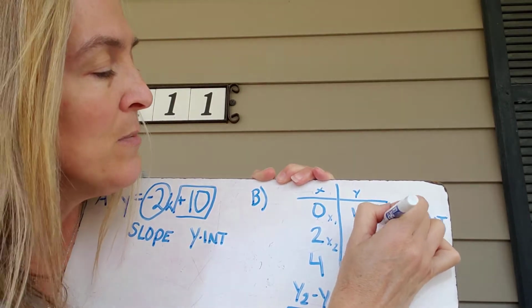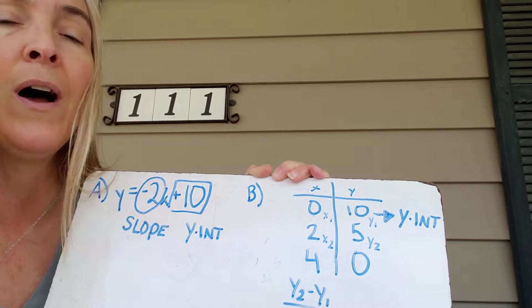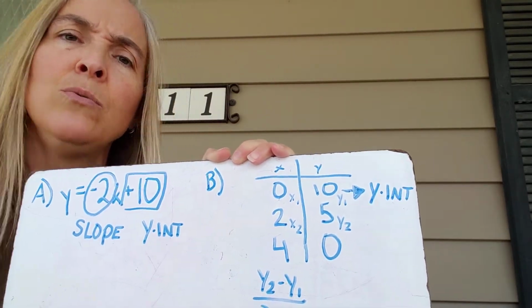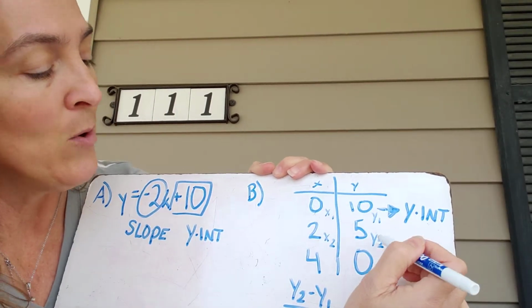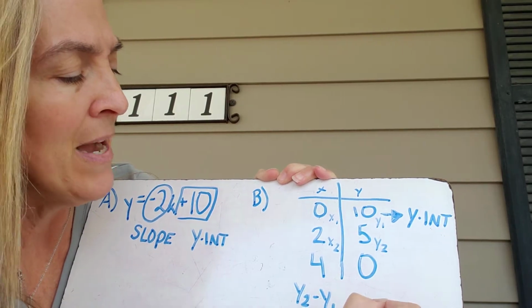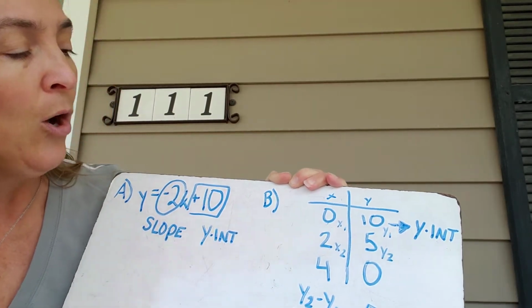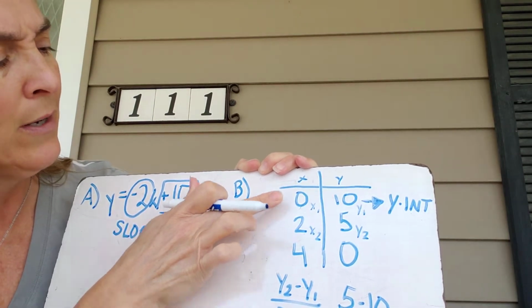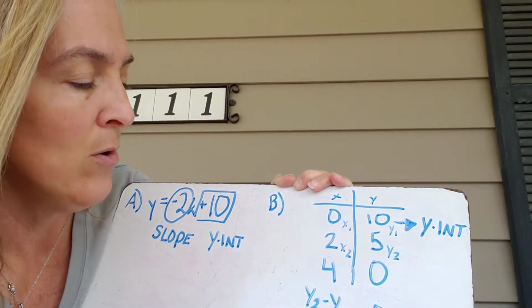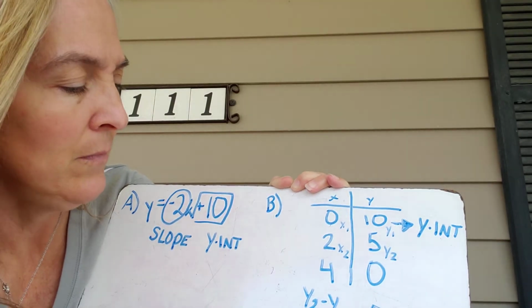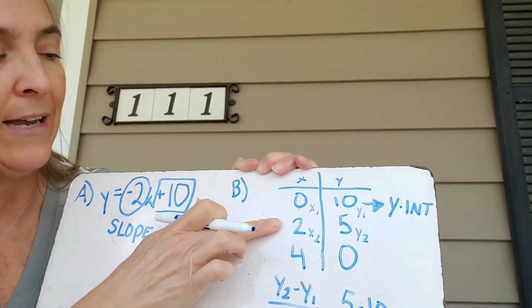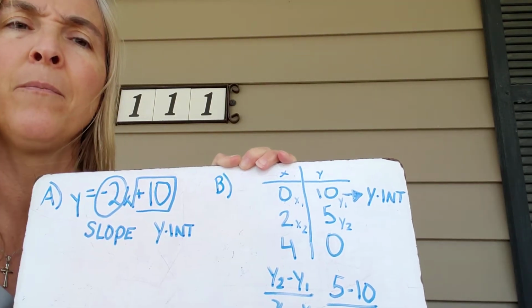I'm going to label this my first y and my second y. Remember, the ones need to match, the twos need to match. I'm going to take 5 minus 10 for my y2 minus y1 over 2 minus 0 for my x2 minus x1.